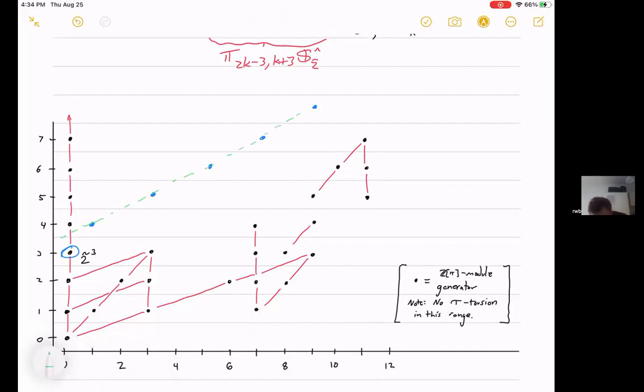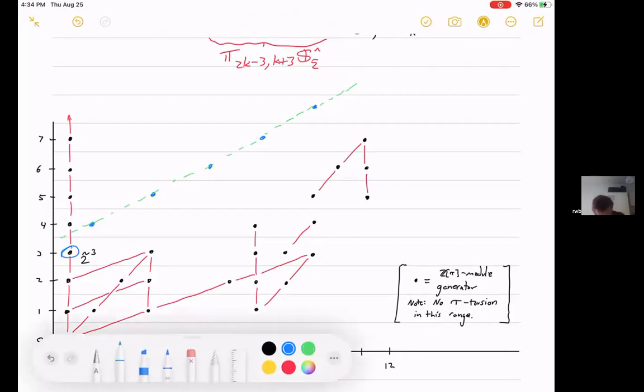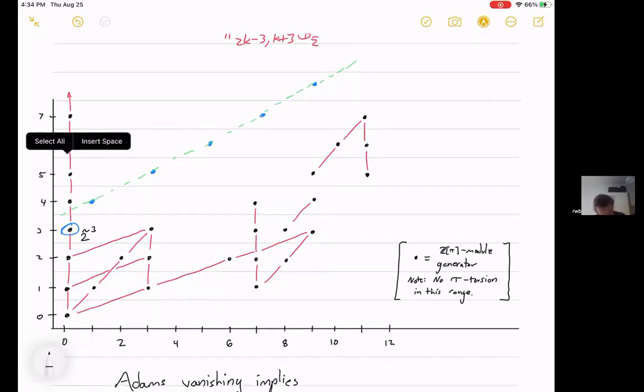In this chart, each dot is a Z adjoin tau module generator. The red vertical lines are multiplication by 2 tilde. The horizontal ones are eta and nu multiplications. I've purposefully truncated this chart at 12 so that I can avoid having any tau torsion in this range. From this chart, we can read off that the groups where the first several obstructions lie are all 0, because multiplication by tau goes down 1.